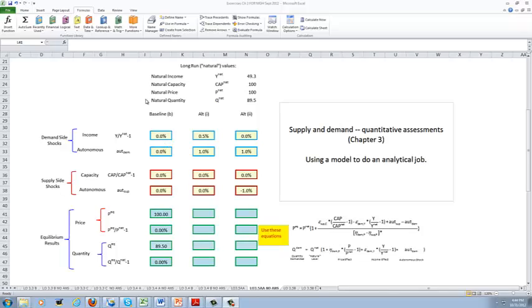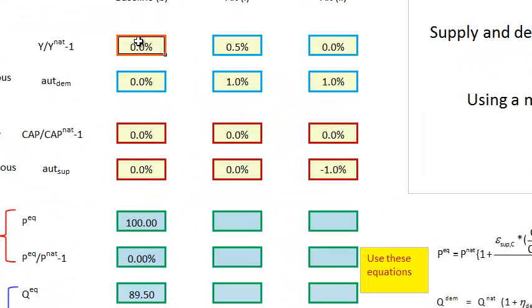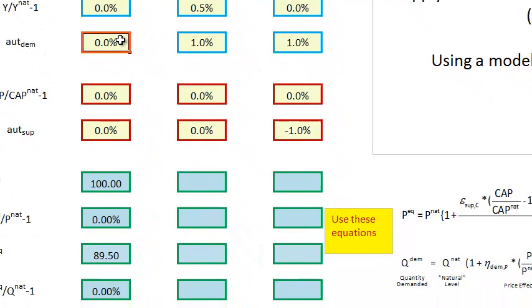So if I can point out here, we're going to be starting off with some baseline scenarios. We have a baseline scenario where there are no shocks to income on the demand side, the shifters for the demand curve, no shocks to world income, and also no other autonomous shocks to demand.